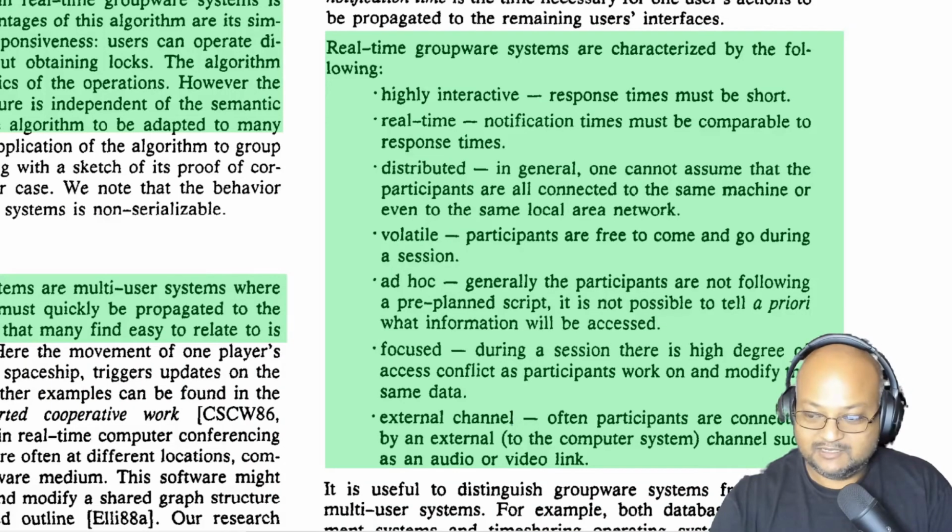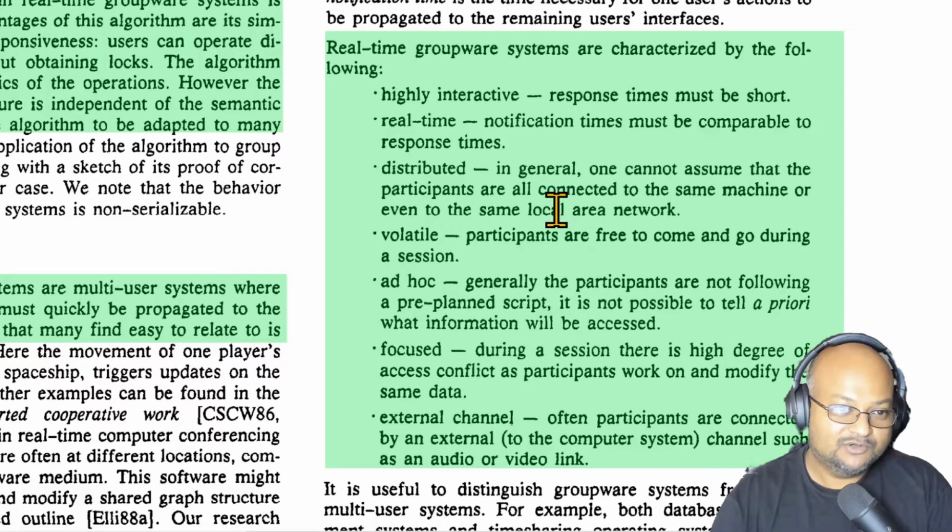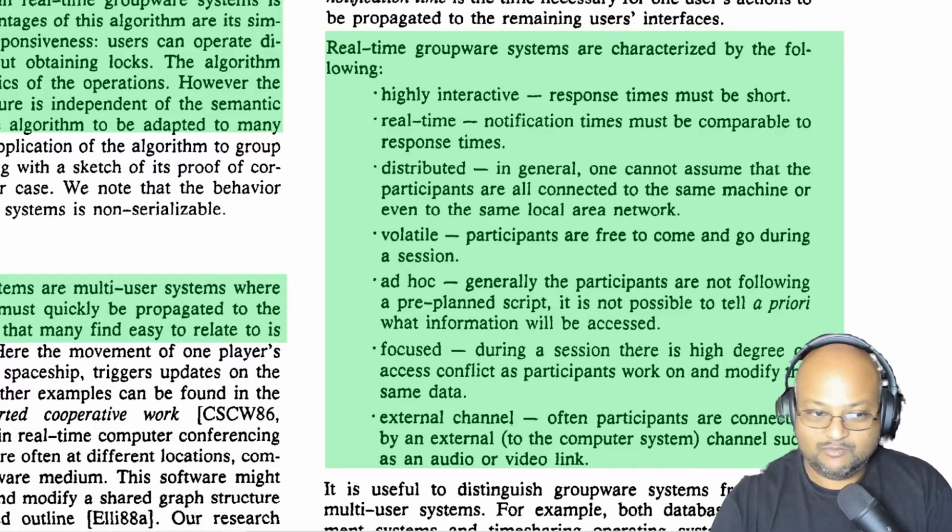If you read their list of design goals for this algorithm, it will read exactly like what you want in a modern shared real-time web app. They want response times to be short so that users have a real-time, highly interactive experience. The users are distributed over a wide network.